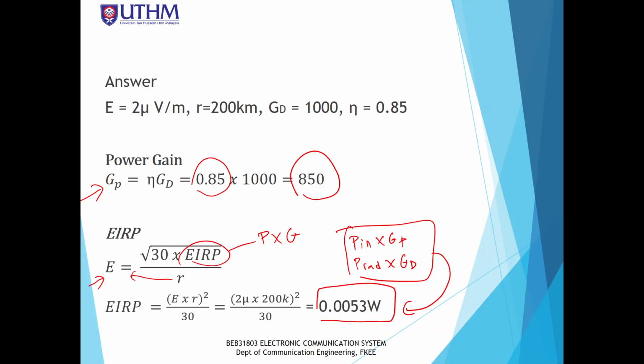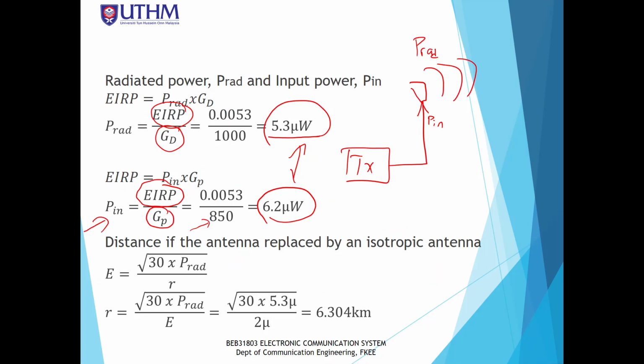Okay. So you see that when we replace with the isotropic radiator, E field is equal to 30 times P radiations, actually times GD. GD is equal to 1, so it does not show here. Sebenarnya ada darabkan dengan GD, tapi GD bersama dengan 1.